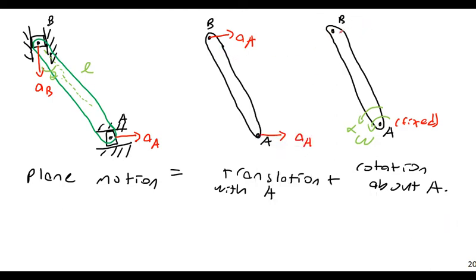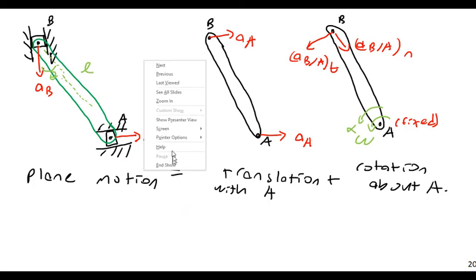So I would have the acceleration of B with respect to A, normal in this direction, or centripetal if you prefer. And this would be the acceleration of B with respect to A, tangential here.